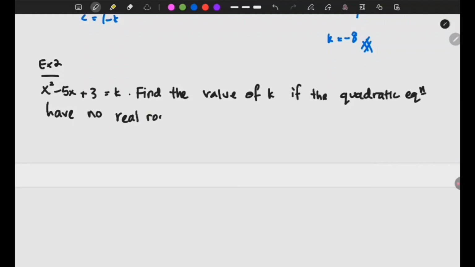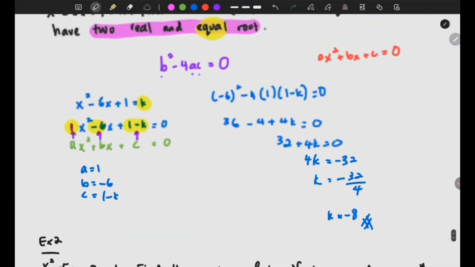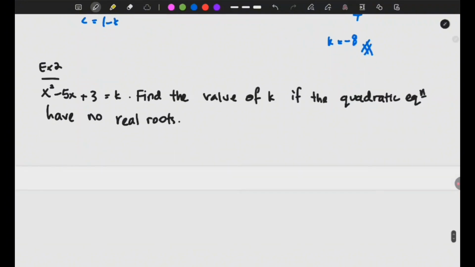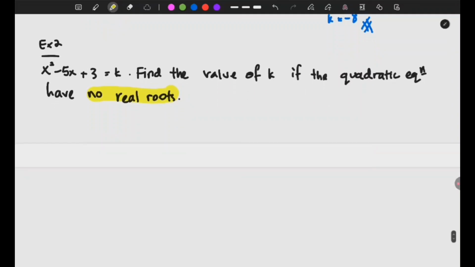If the quadratic equation has no real roots, the keyword is no real roots, or they also say imaginary roots. This means one thing that comes to your mind: b squared minus 4ac less than 0. You have to remember the equation. They don't give it to you in the formula sheet, so it's a must remember. They only give you the quadratic formula.